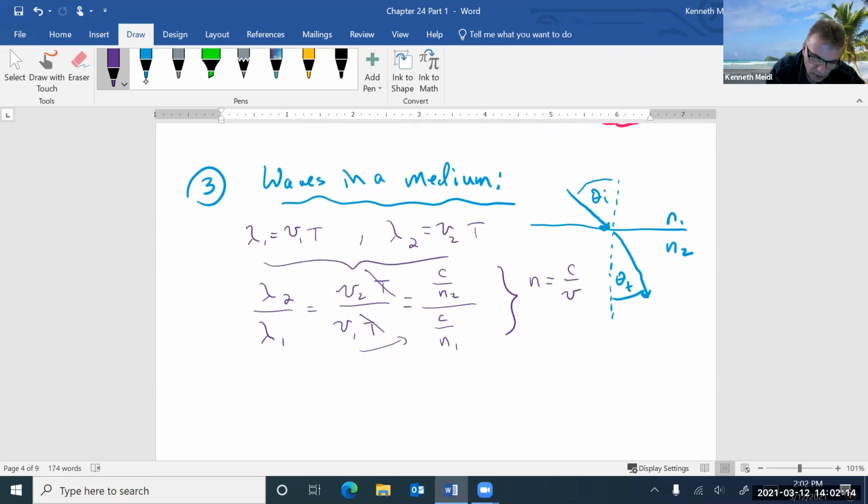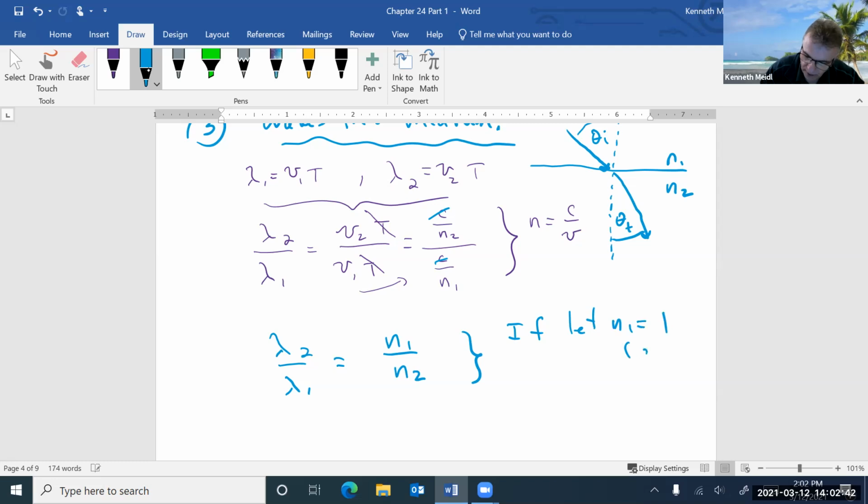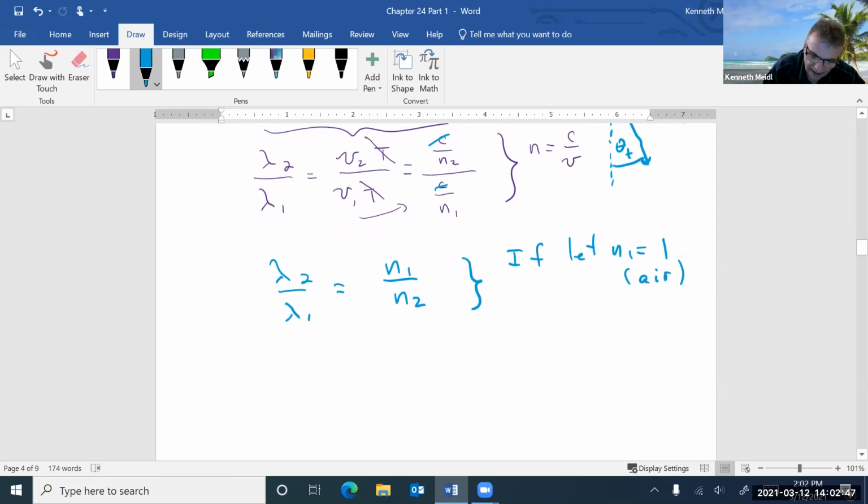And so when you do your step of algebra here, we're going to see that those cancel out, but the ratio of the wavelengths from one material to the other, let me see, we have a fraction on the bottom of a fraction, so that becomes this. And if we let n1 equal essentially air, what you're looking at then is the wave in the new material, what I'm calling wave 2.